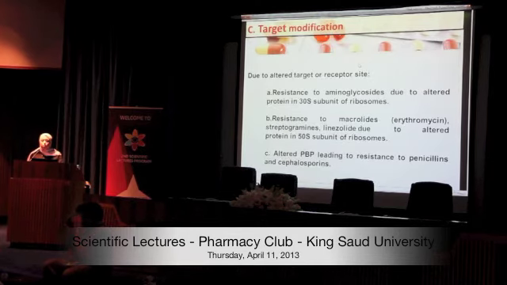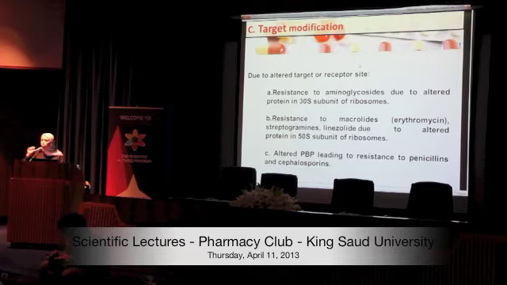The third mechanism, by changing their target. So the antibiotic doesn't work except if it finds its own receptor or its own enzyme. So what happens if I change this lock? It cannot work except by key and lock. True? So if I change the lock, what happens? It cannot enter into the cell, or it cannot work on the enzyme it works on.